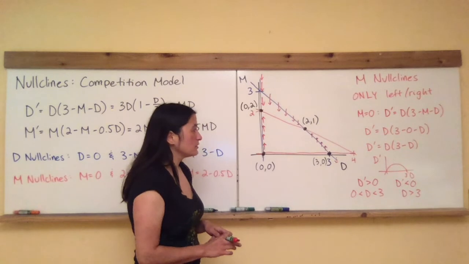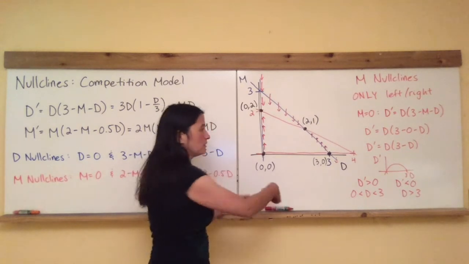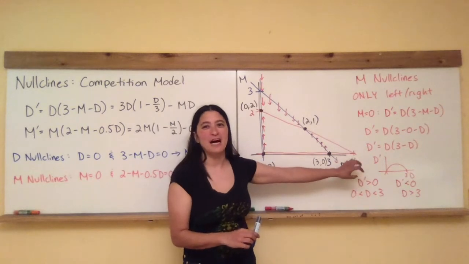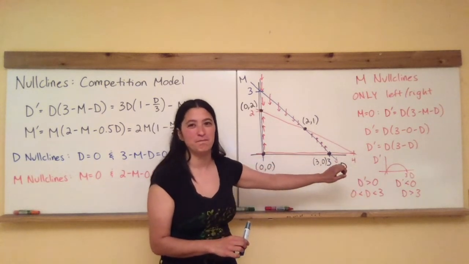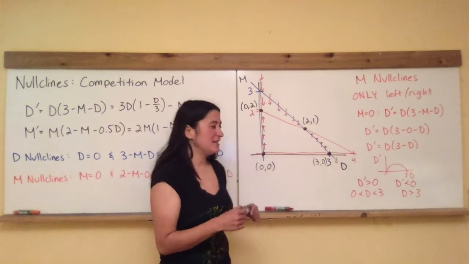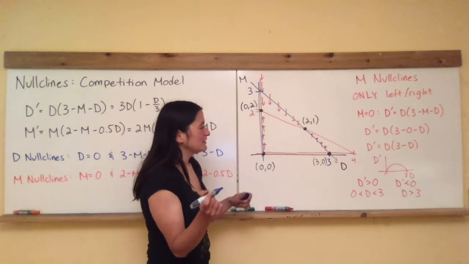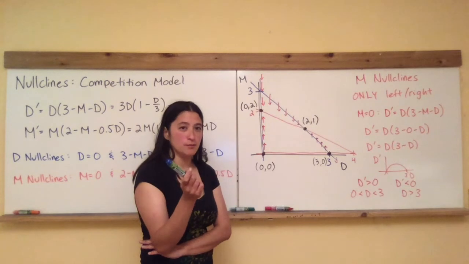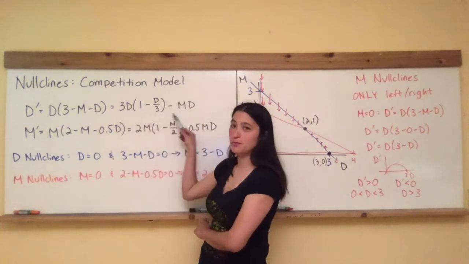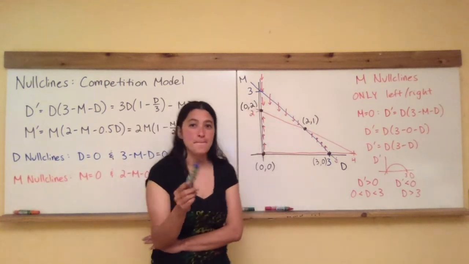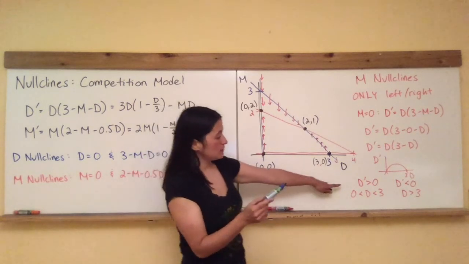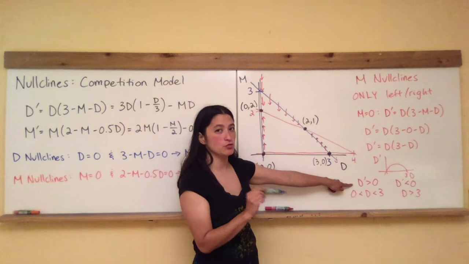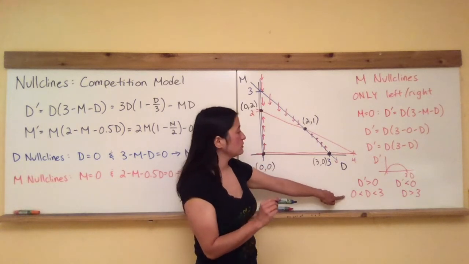Okay, so now I'm going to draw that, and I'm going to draw that with my red pen. Oh, sorry, I had been doing all this work in black before. I'll go back to black for the next one, just because it's more readable. Sorry, I neglected to switch. Anyhow, I'm going to draw left and right behavior because it represents kind of D prime behavior in blue. And this is telling me that I should draw it to the right because D prime is greater than 0 whenever D is between 0 and 3.